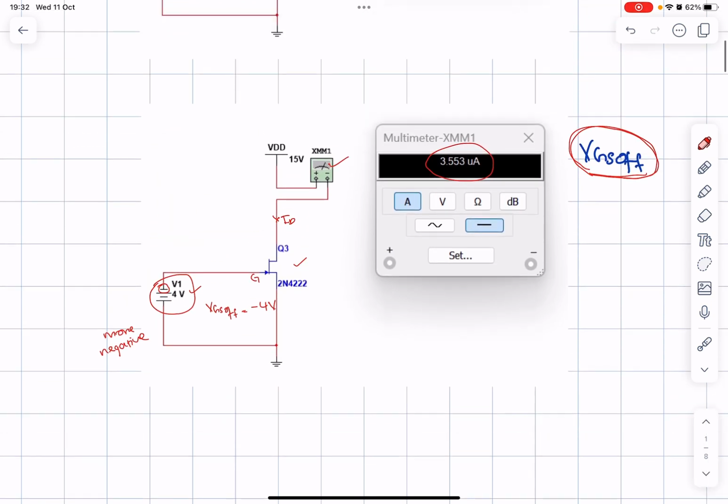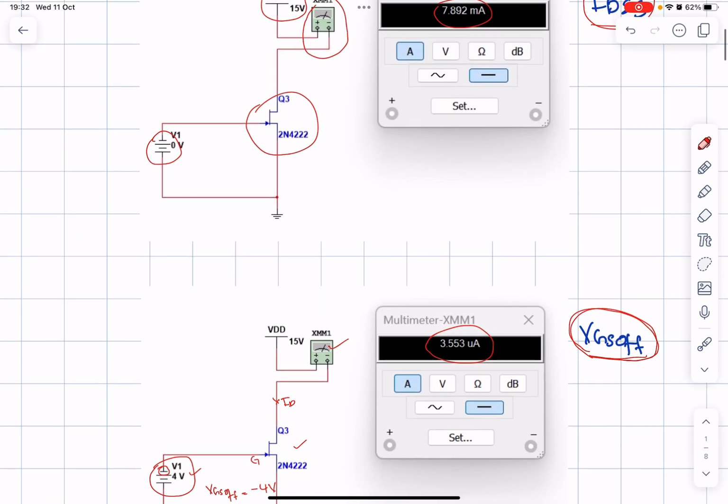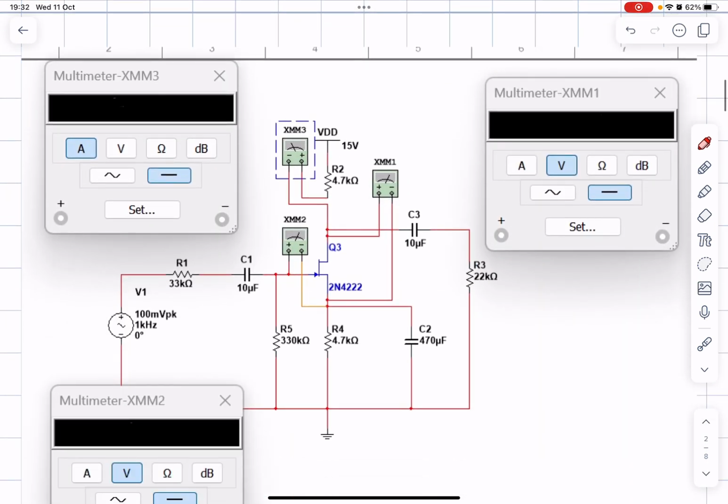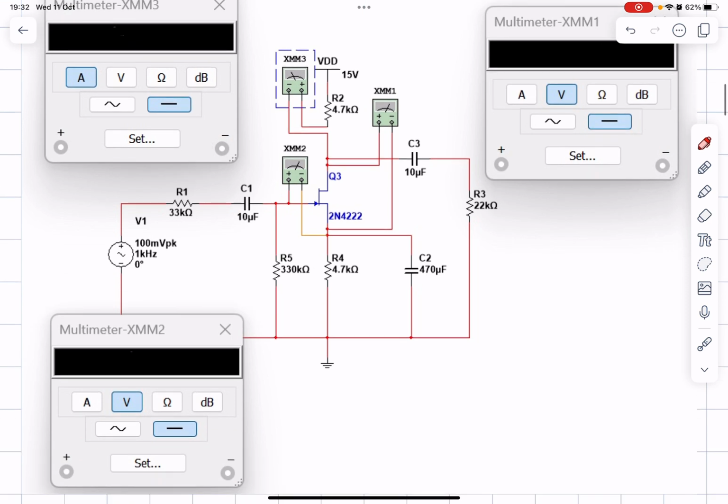Since you already obtained the IDSS and VGS off, you can bias your circuit in the DC analysis circuit.